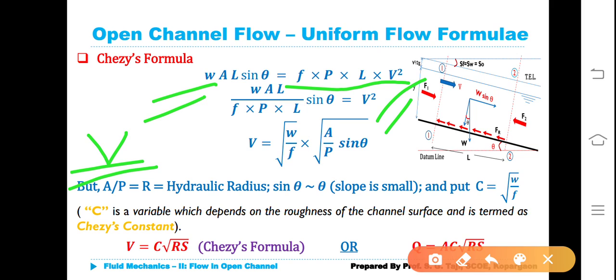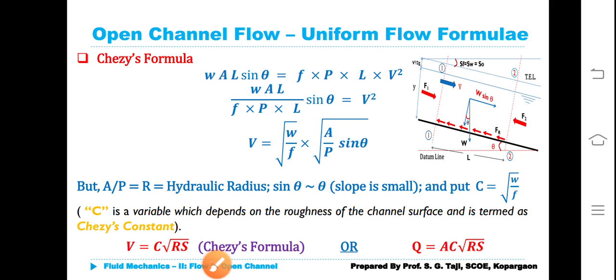Further, if we simplify, we will get value of V is equal to under the root w by f, certain components we can take together as suggested by Chezy, multiplied by under the root A by P sin theta.